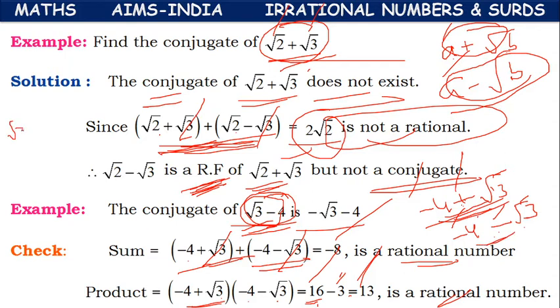Because they have given root 3 minus 4, you cannot take root 3 plus 4 as its conjugate, because if you add, what happens? Plus 4 and minus 4 cancel. You will get 2 root 3, which is not a rational number.